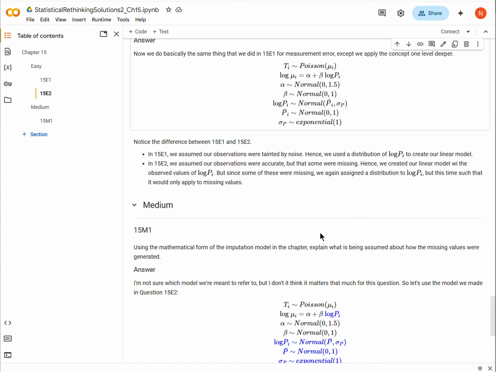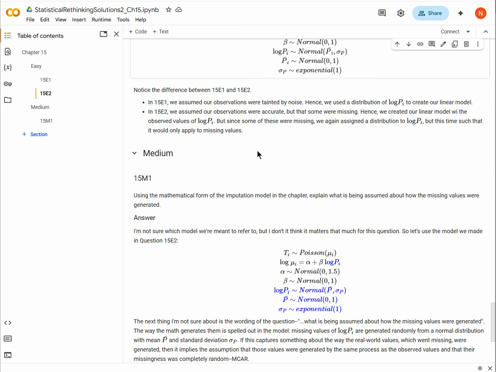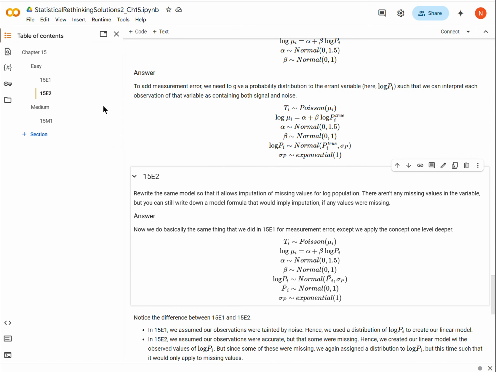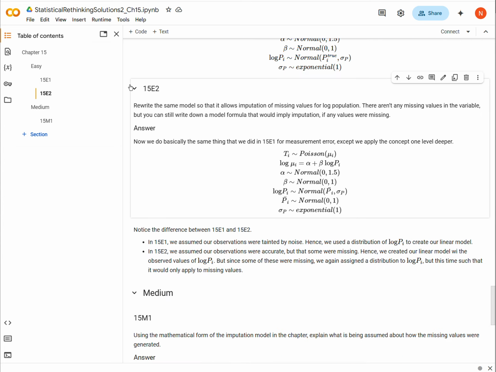But before that, let me take a quick timeout and edit this on the fly so that if you're following along, you can see this. In the previous video, when I was doing 15E2, I realized that there is a mistake in my model that we need to correct, and that mistake is this little subscript on P bar.